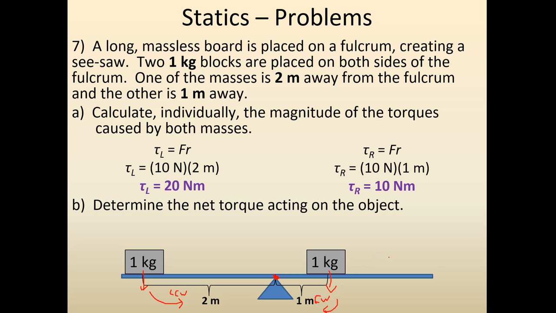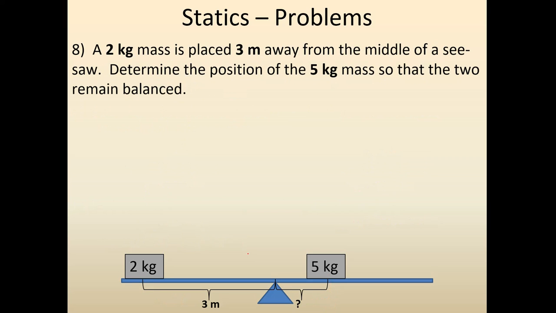So I'm going to end up subtracting them. Doesn't matter which one I make negative and which one's positive, as long as one of them is negative. So the net torque is just going to be 20 minus 10, which is 10 newton meters. And because I made the left one positive, that's going to be counterclockwise since I got a positive answer.